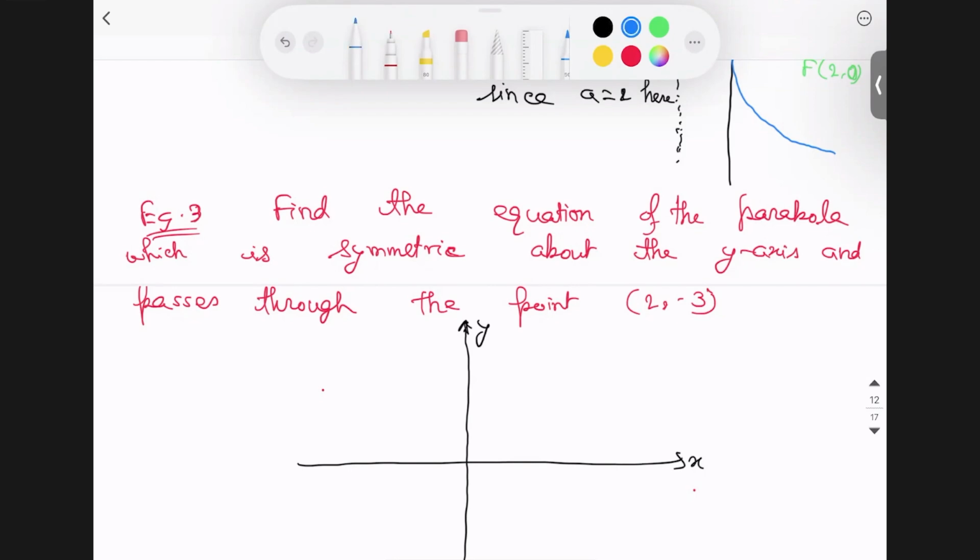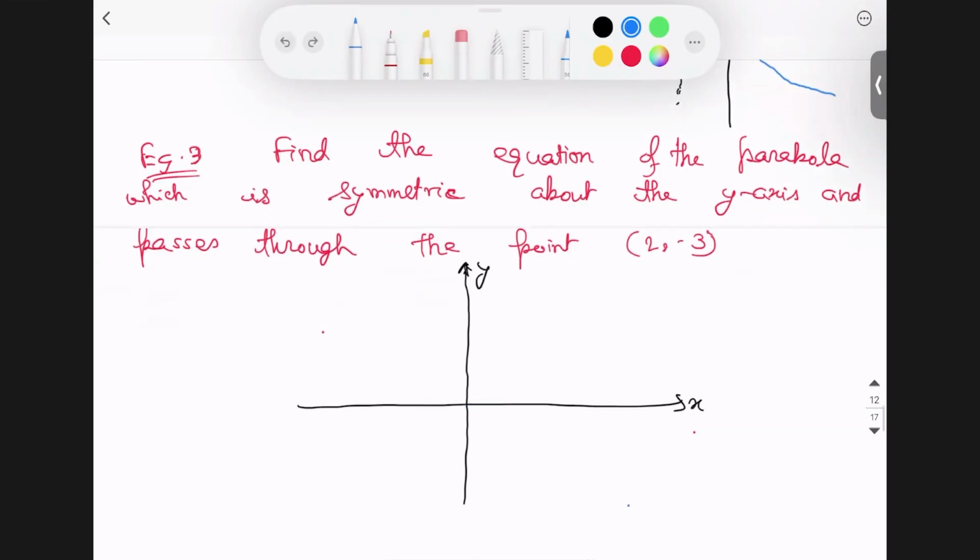Either it is of the form like this, or it can be like this. Geometrically, the parabola will be either in the first form or in the second. Now we need to figure out which one is correct.